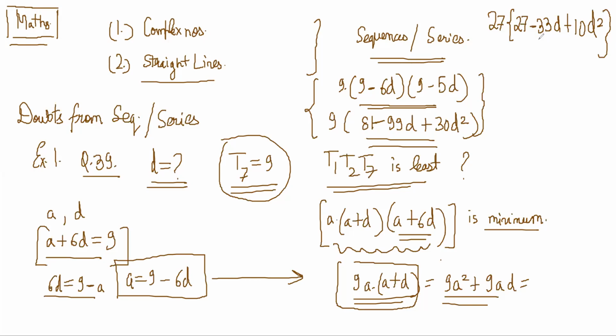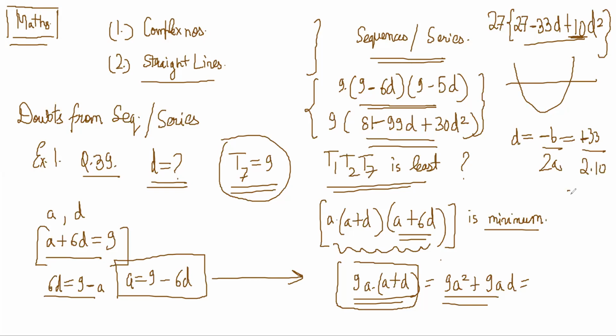This is an upward facing quadratic because 10 is positive. Minimum value will happen at D is equal to minus B by 2A. Minus B is minus 33, so plus 33 by 2 times A, so 20. 33 by 20 is the value of D at which the minimum value will happen.